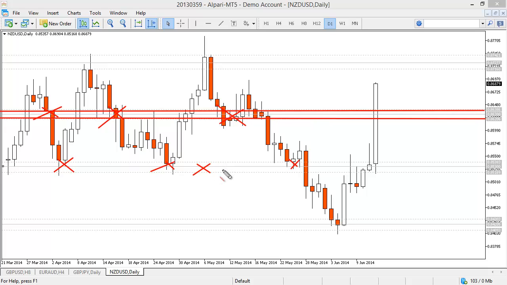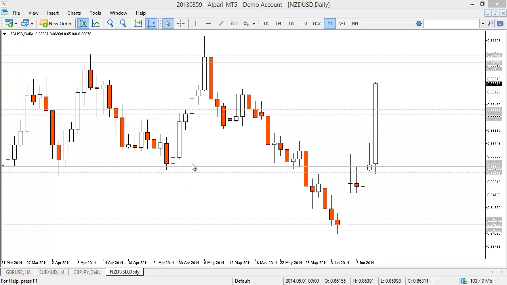I don't bother too much about that, because when you start grading support resistance areas based on how many bounces they've had in the last few months, you start to lose faith in the ones that don't have many bounces. And when you start making that mistake, you're going to skip a lot of good trades. So try not to do that. You shouldn't differentiate between support resistance areas based on strength. That's a good question.